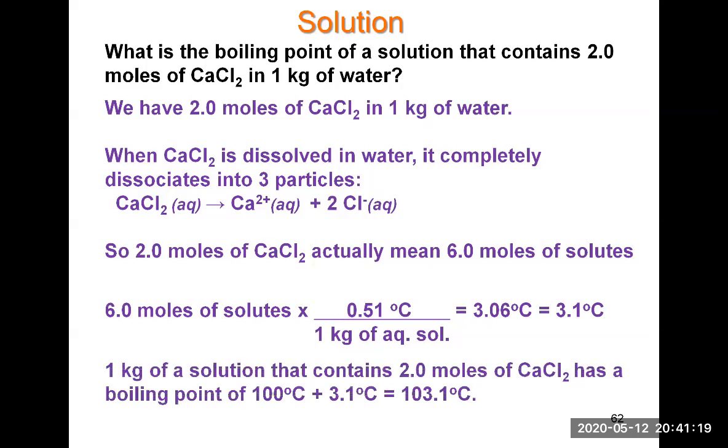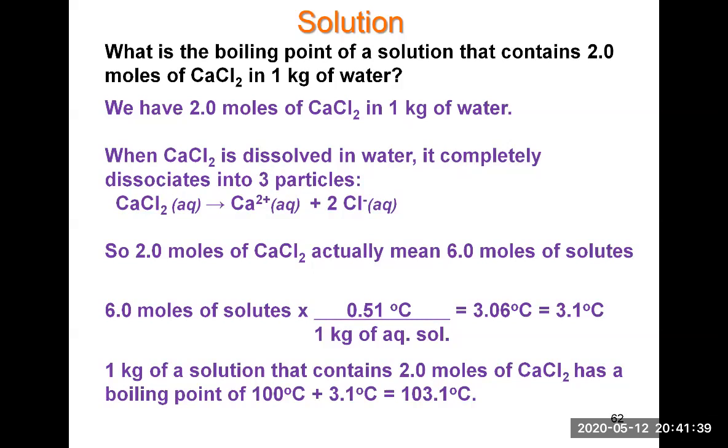Then finally, we are able to calculate the boiling point of this solution containing 2 moles of CaCl2. So it's 1 kilogram of solution that contains 2 moles of CaCl2, and so the boiling point will be 100 plus 3.1 degrees Celsius.